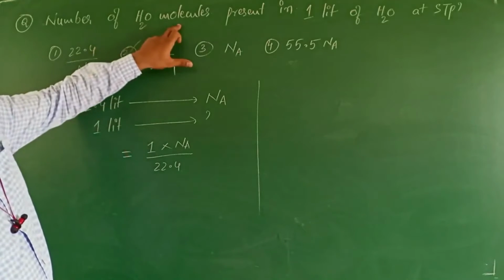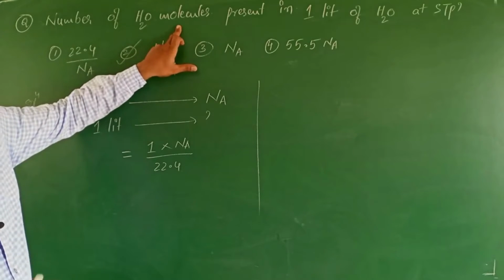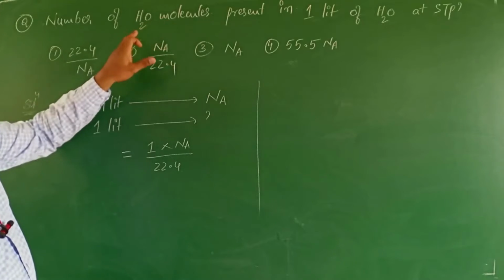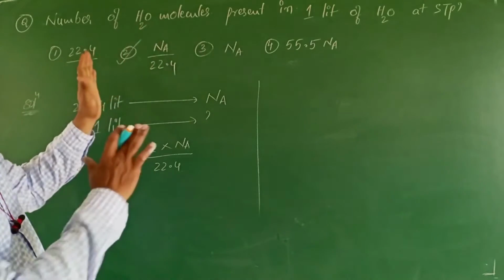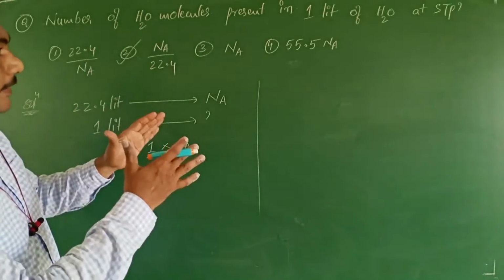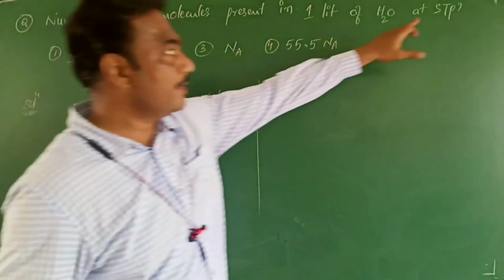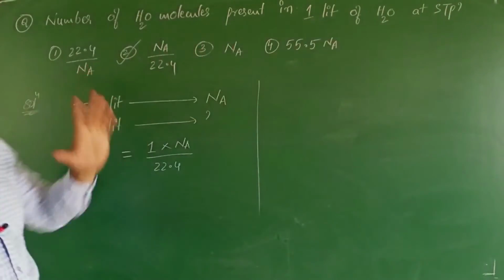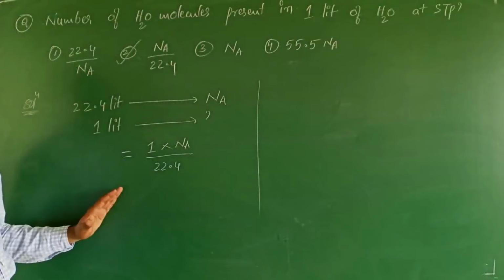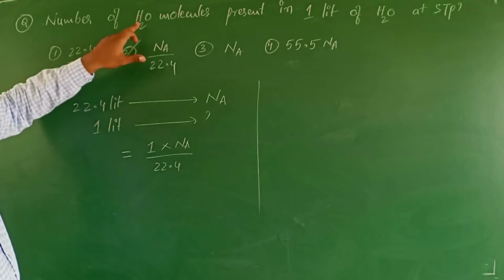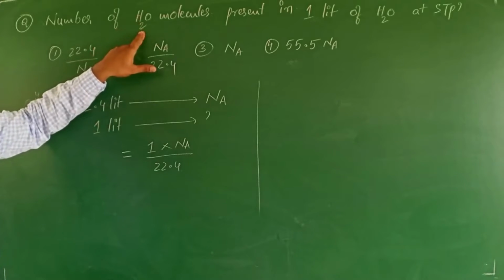Here, we mentioned water molecules. Water is not a gas. Remember, water is not a gas. If you solve this problem thinking that water is a gas and the condition mentioned is STP, you will be mistaken and your answer is wrong. Understanding, students? When he mentions water, it is not a gas.